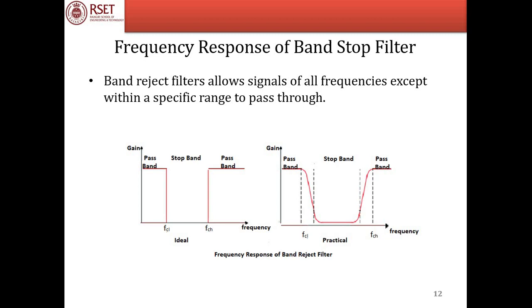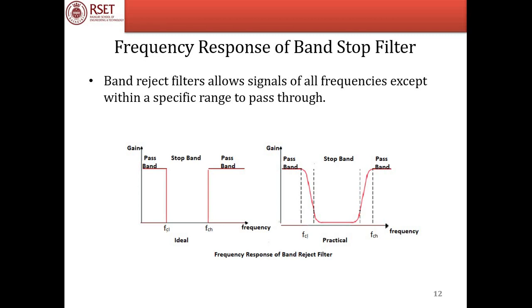Passive analog filters utilize only passive components for their realization, whereas active analog filters utilize active components like op-amps or transistors in addition to passive components like resistors, capacitors and inductors for their realization.